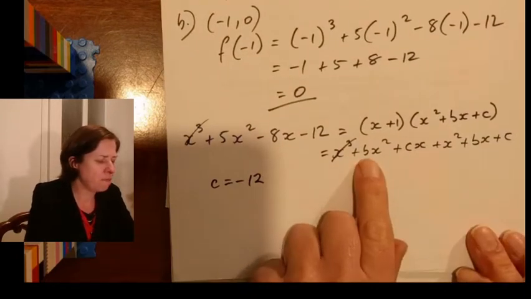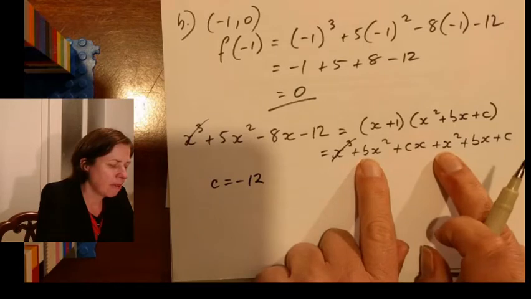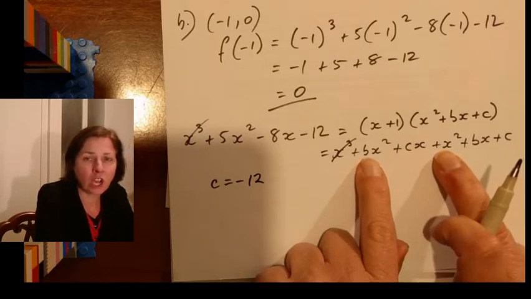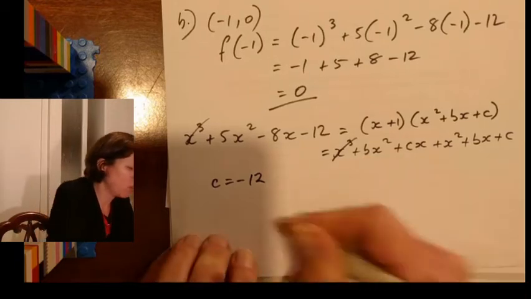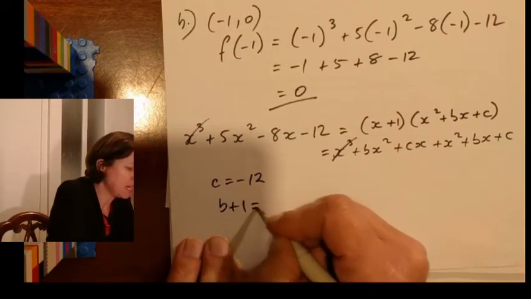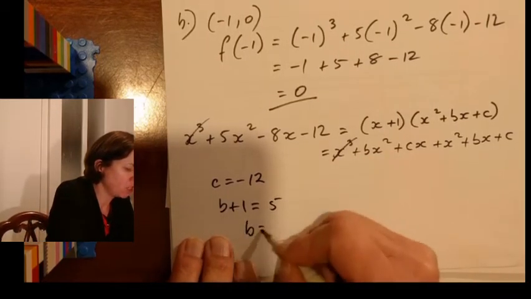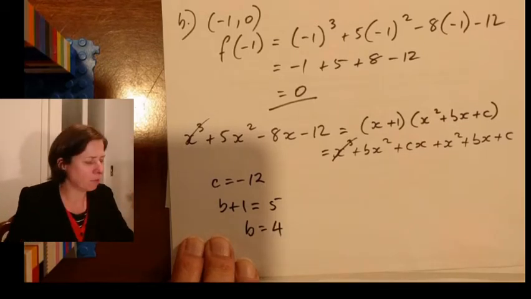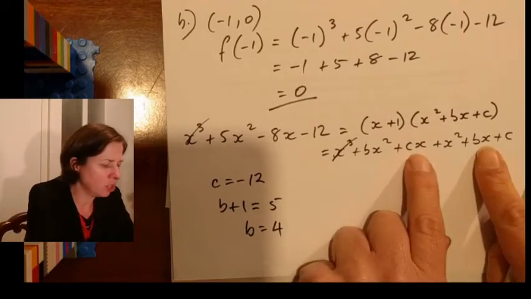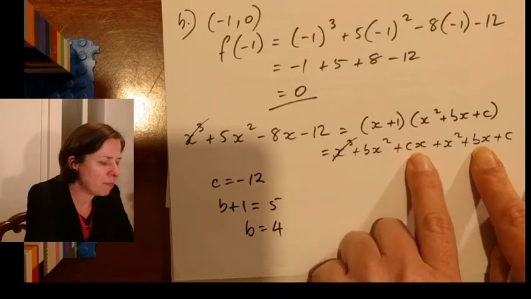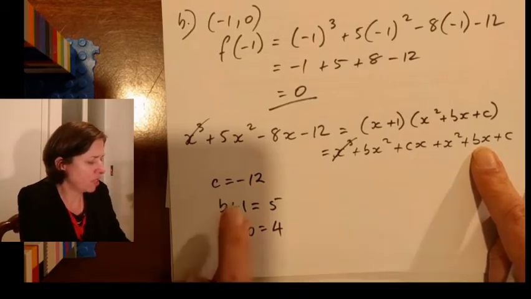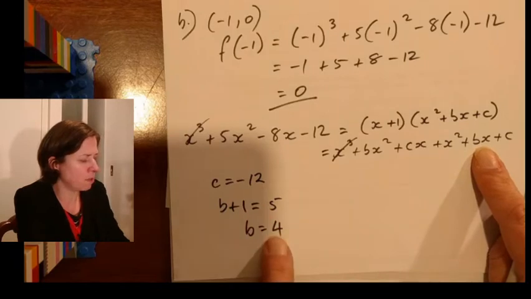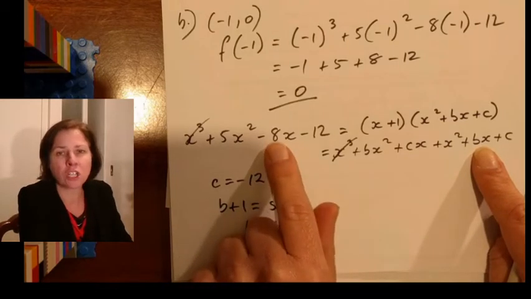Now I know that b plus 1 is going to be the coefficient of x squared once I collect these terms. So I also know that b plus 1 is going to equal 5, which gives me b equals 4. Now let's double check that using the x terms. C plus b should give me the coefficient of x. So -12 plus 4 gives me -8, which is the coefficient of x.